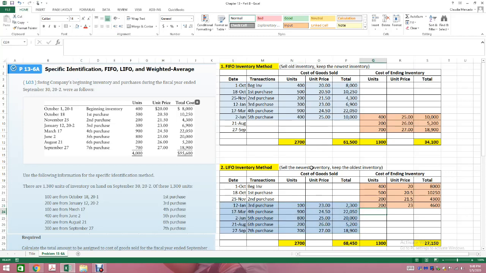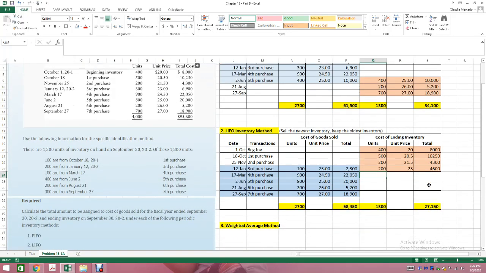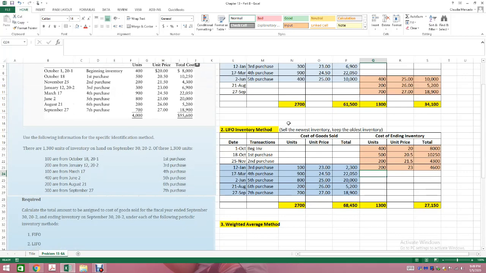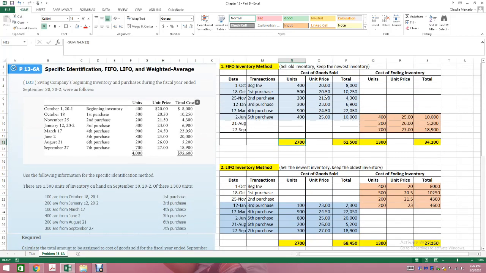You sell the new, you keep the old. So that's the difference. Both of them are going to be 2,700 units. What changes is the cost, depending on if you keep the old or if you keep the new. So these are the calculations, and if you notice, it's 2,700 units for each, and then based on the items that you either keep or sell is what's going to be impacting the difference.